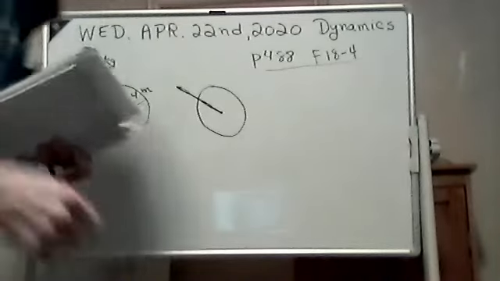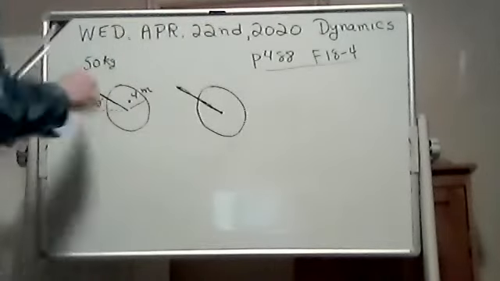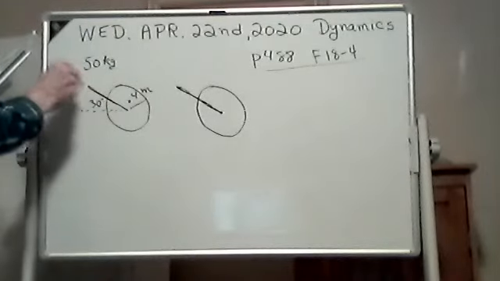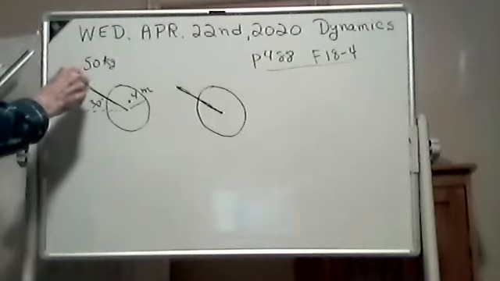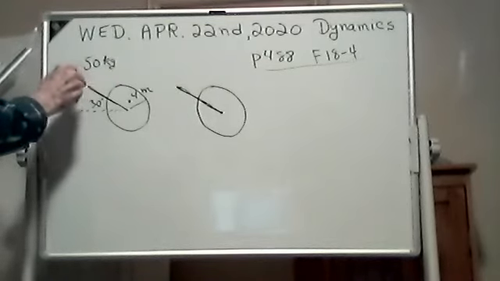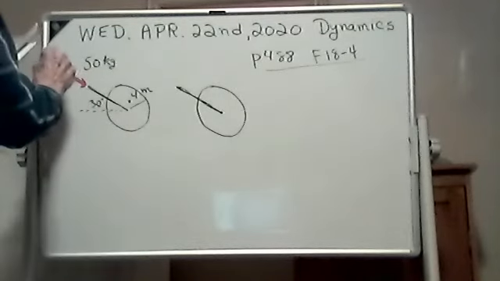Let me get my red pencil here. My daughter says that this red does come out. I'm hoping that it does on your screen. And they said that's 50 newtons.